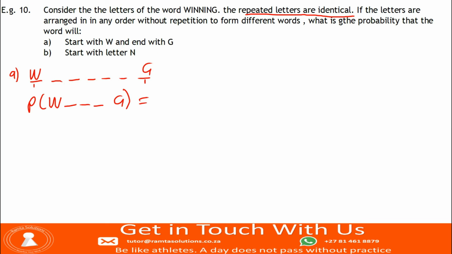For now, you have 5 letters in here. Of the 5, N is repeating 3 times, and I is repeating twice. So what is your answer? Let's see: 5 factorial over 3 factorial multiplied by 2 factorial.